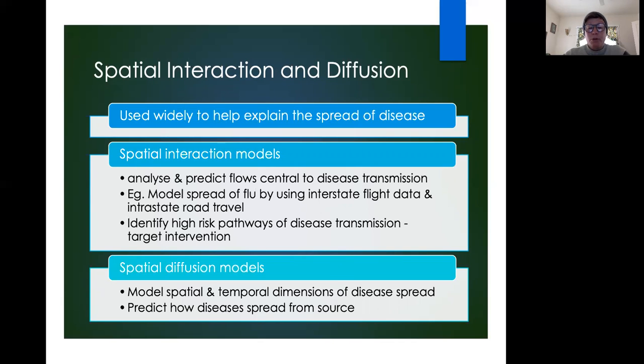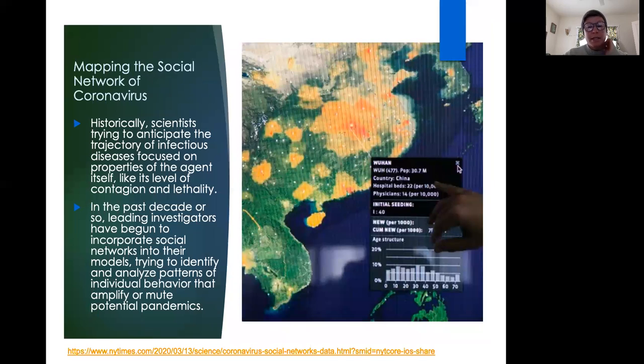And that can then help you target and create an intervention. And if you're actually using the health data that's available, it'll help you make good decisions on whether to shut down schools, on whether to shut down borders. So this can help plan, it can help model the disease, it can help better understand the disease.